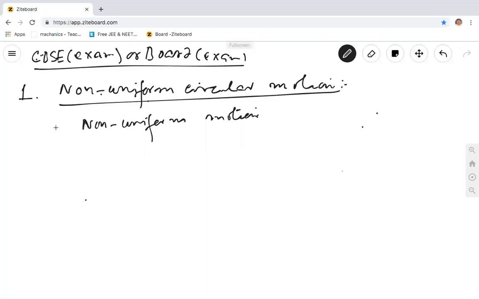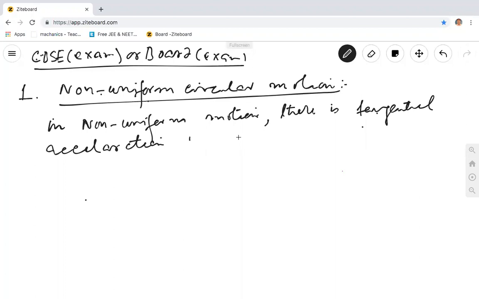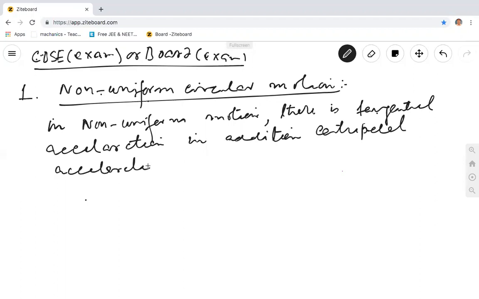In non-uniform circular motion, there is tangential acceleration, in addition to centripetal acceleration. This is the basic point.